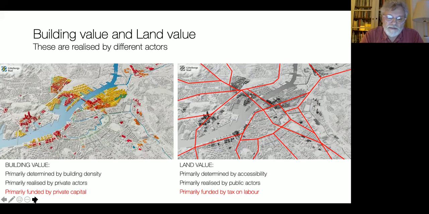It's a public investment. And where does the money come from? Well, it comes from tax on labor to a large extent, tax on many other things too. But in relation to the primary production factors in economics, we see here a taxing of labor that actually leads to investment that enhances the value of land.